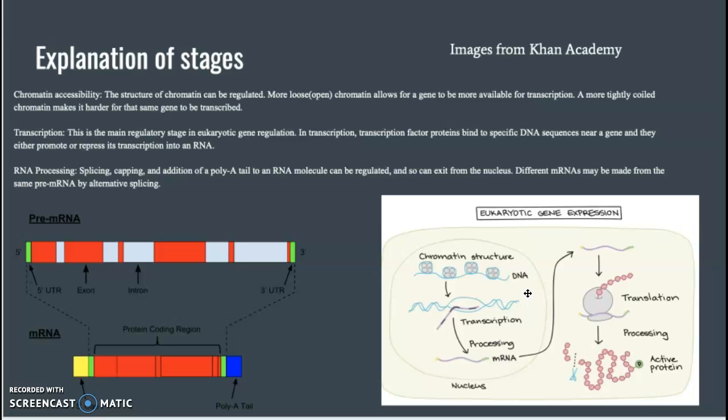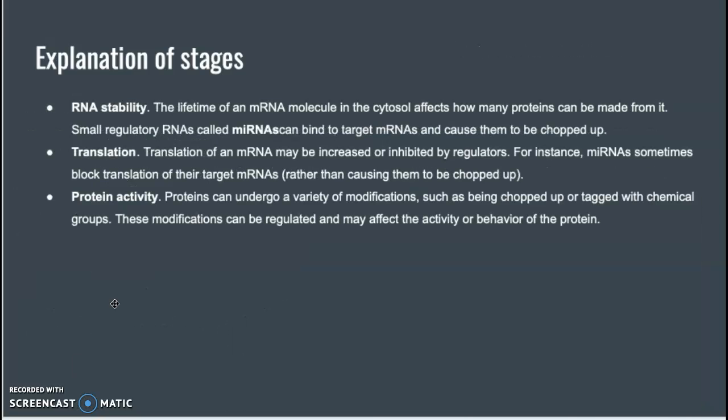These can be regulated, and so can the exit from the nucleus. Different mRNAs can be made from the same pre-mRNA using alternative splicing. This is due to the structure, because of the exons. You can use introns as exons in other types when you're making other types of proteins from the same mRNA.